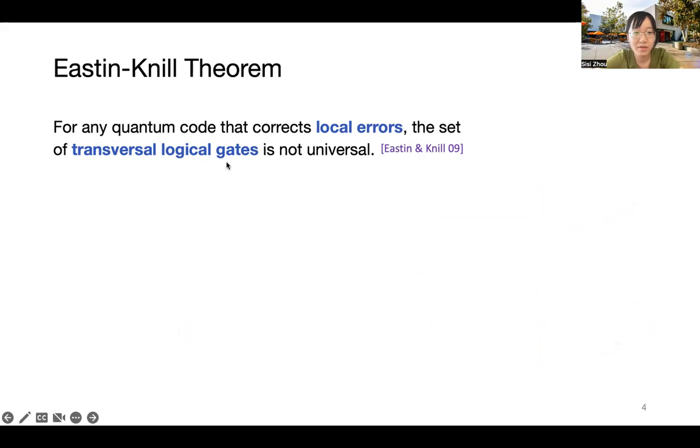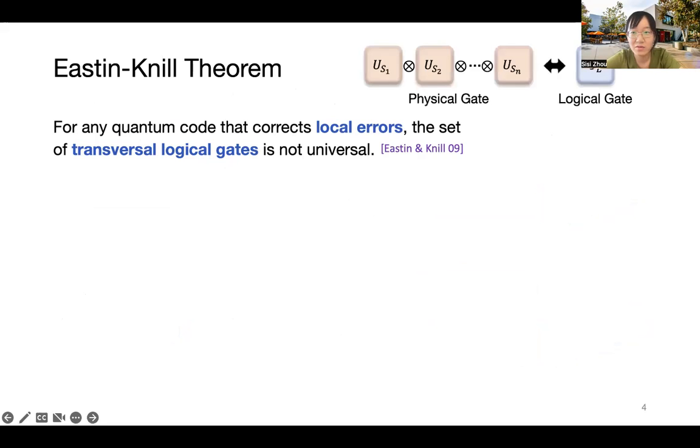Here by transversal, I basically mean the situation where we have an M-partite system, and the gate acts independently on each of the subsystems. So the entire gate is the tensor product of unitaries acting on each subsystem. We call this type of gate a transversal gate, which is very useful in fault-tolerant quantum computing.